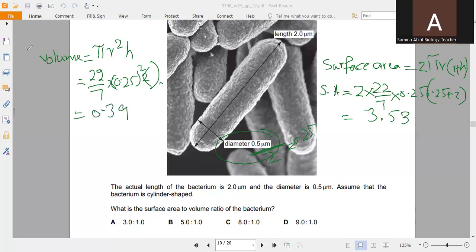Now we have to find out the surface area to volume ratio. I can write surface area to volume ratio.